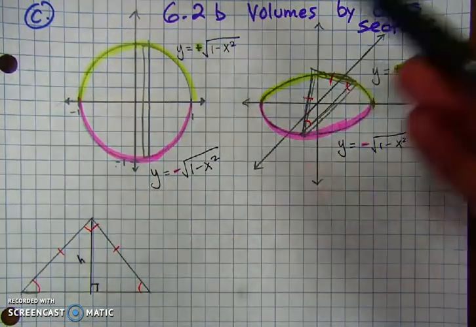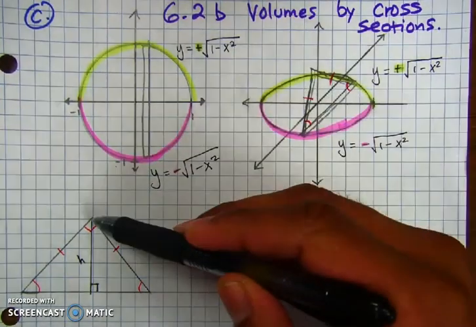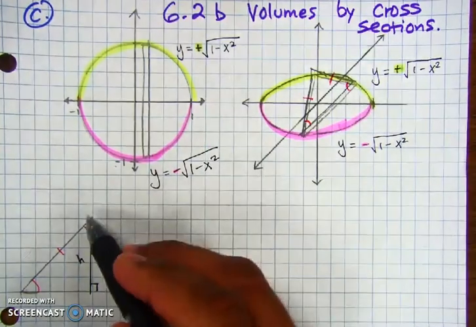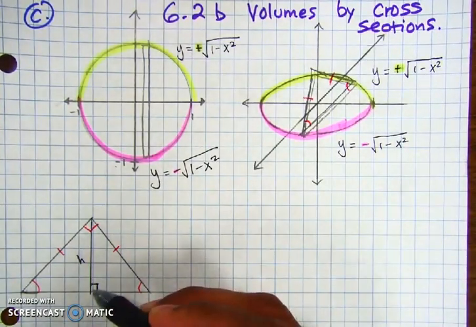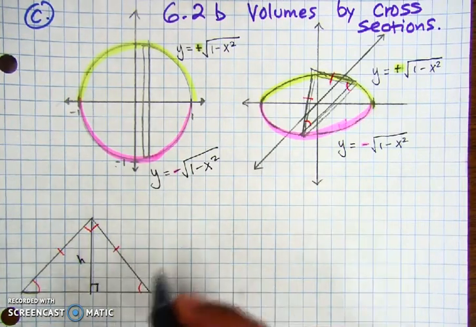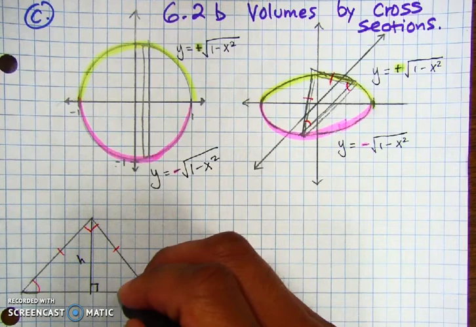Now, when I'm considering the height for this isosceles right triangle, I have to look at the altitude as the height. And the altitude runs perpendicular to the base, so it's at a 90-degree angle, and it happens to cut these in half.